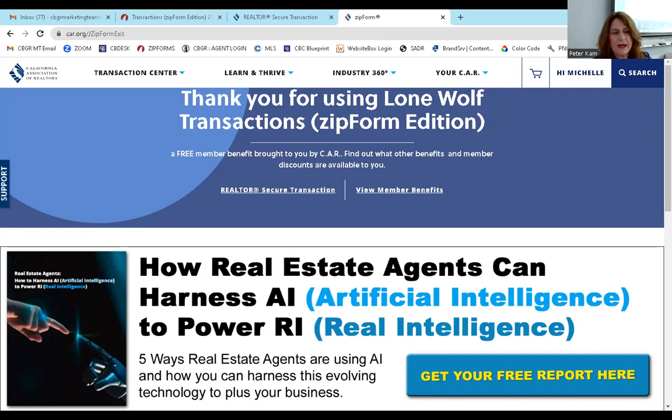So let's say you had a purchase and your buyer put in 100,000, then that can be the liquidated damages. And here, as a listing agent, especially on commercial, since there's no cap, we talked about the DID form, which brings in the additional deposit.